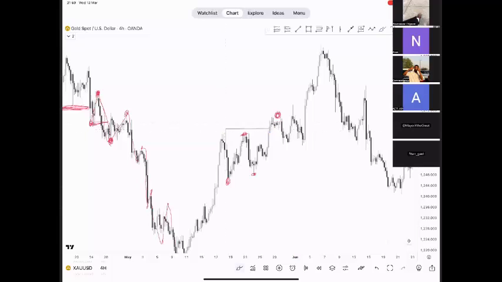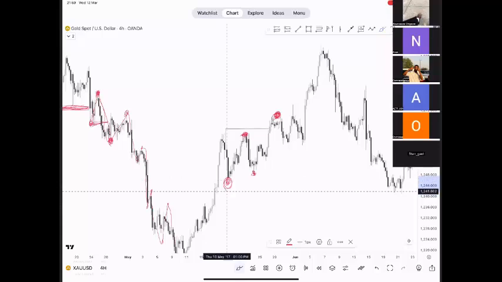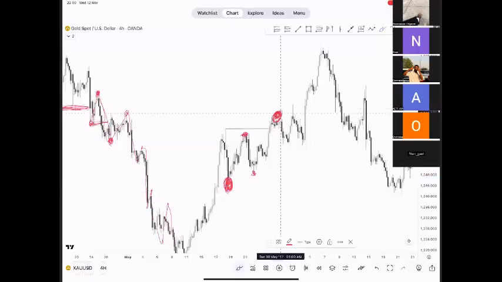So this is not a higher high. And since this is not a higher high, this is not a higher low. This was the new high at this point, so this particular higher low is the lowest point before this higher high. This is not a higher high, and this is not a higher low.